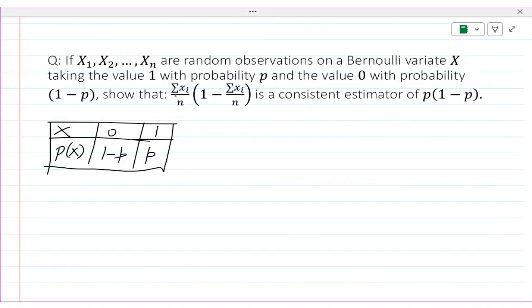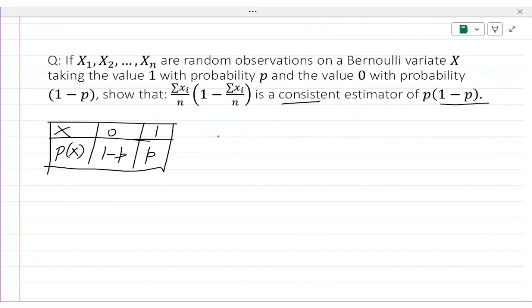Now we have to show that this one which is given to us here is a consistent estimator of p into 1 minus p.